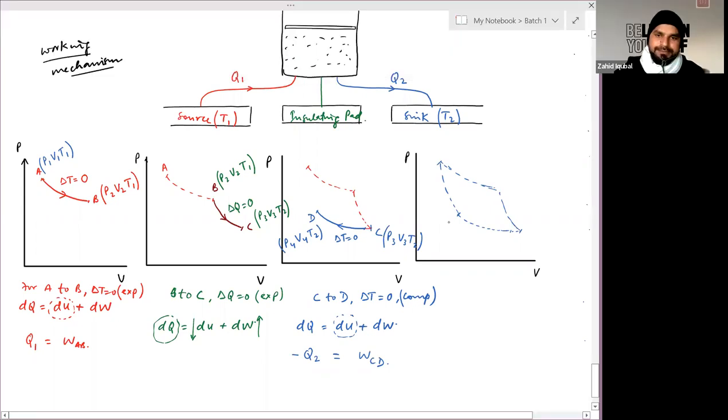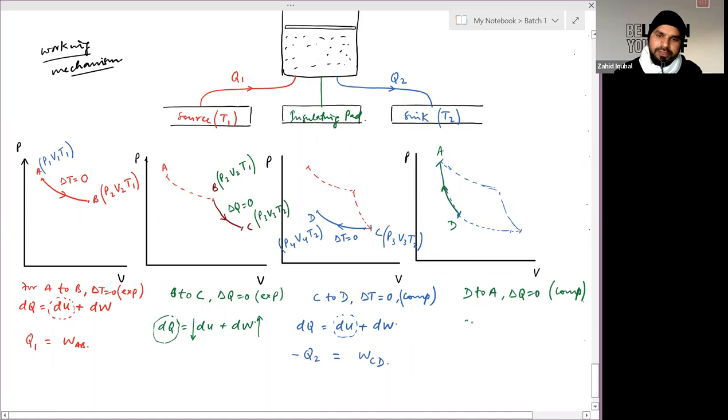The last part, when it has reached this insulating band again, there will be no supply or ejection of heat. So it will tend to compress further to acquire its initial state, that is A. So D to A is adiabatic compression.